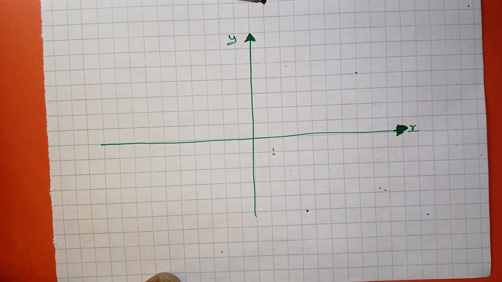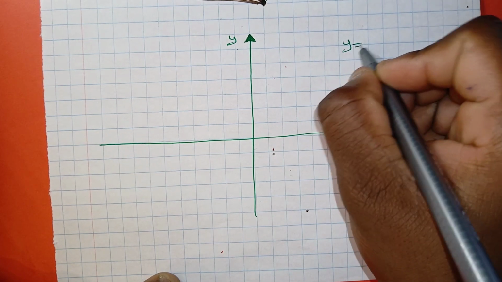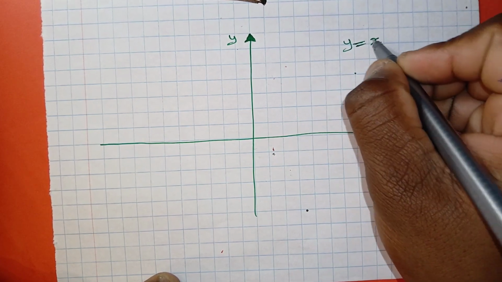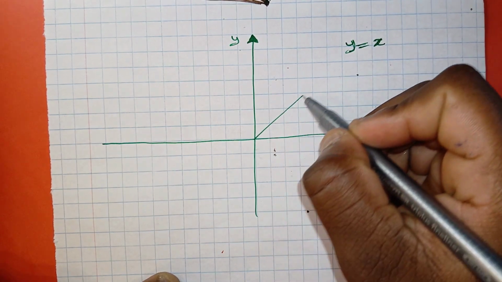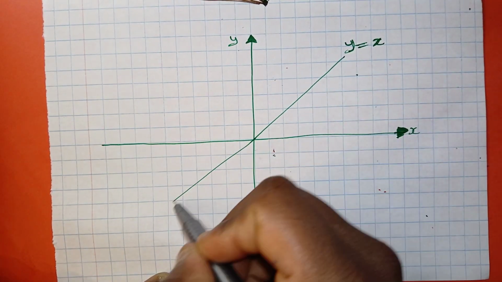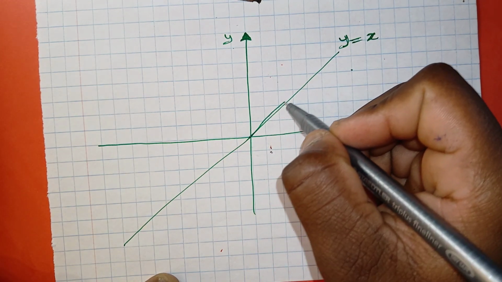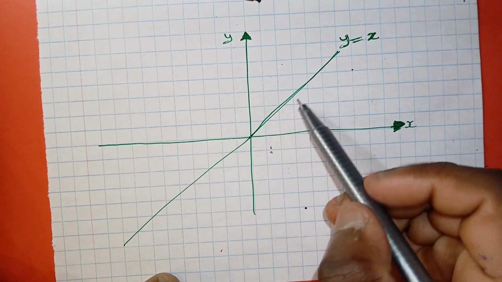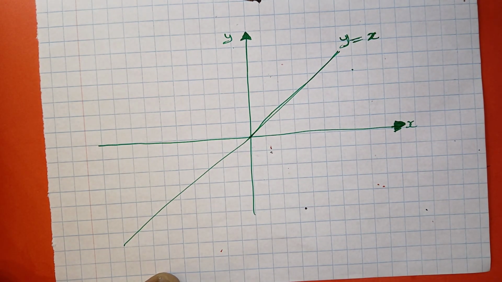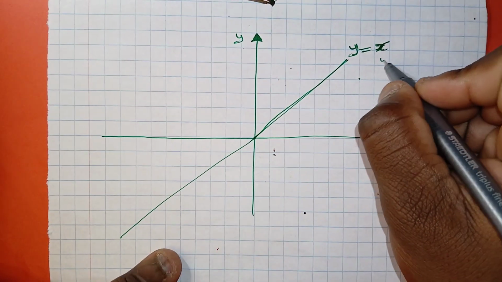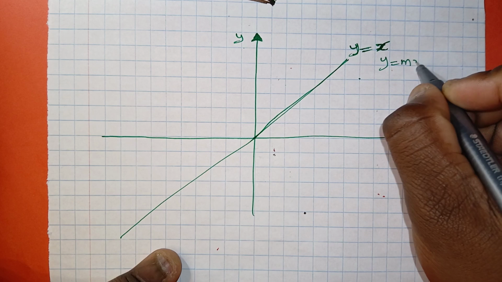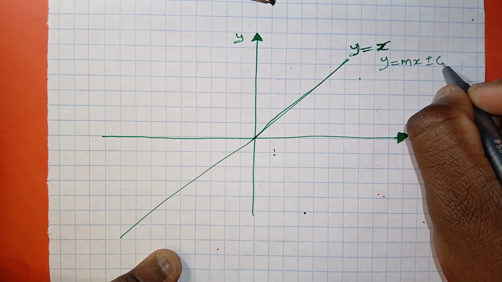So let's say I got this graph. So this graph, guys, is what we call a mother function. So a mother function is the original function. So this one is the original function for a straight line. Do you understand? And this equation is coming from the equation y = mx plus or minus c.